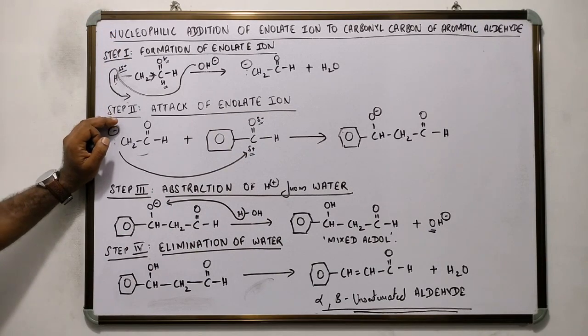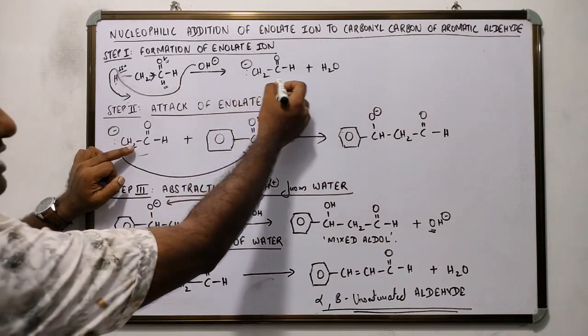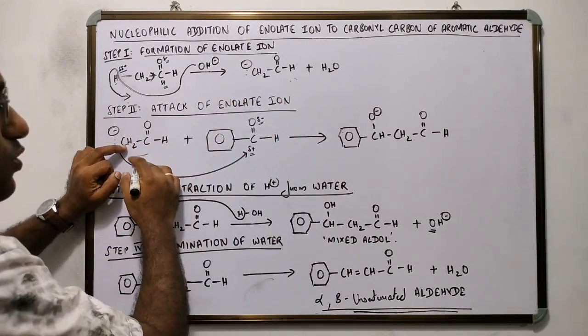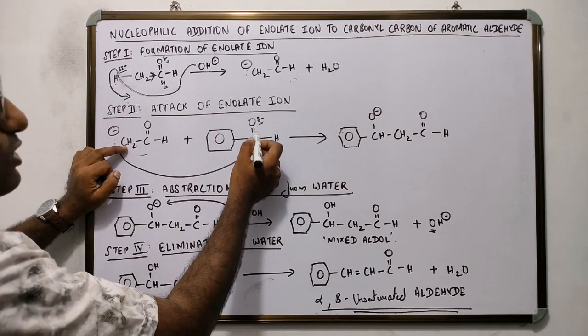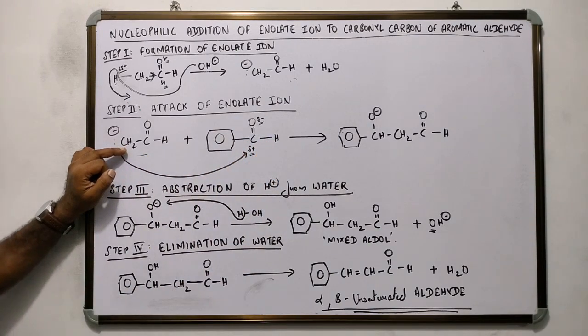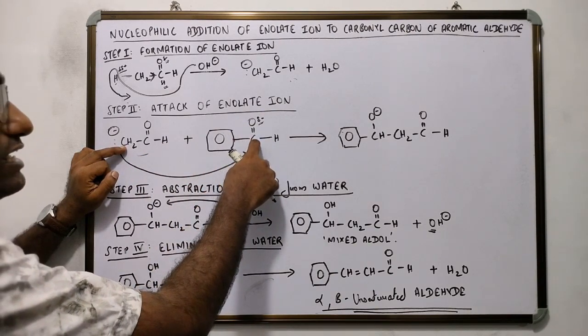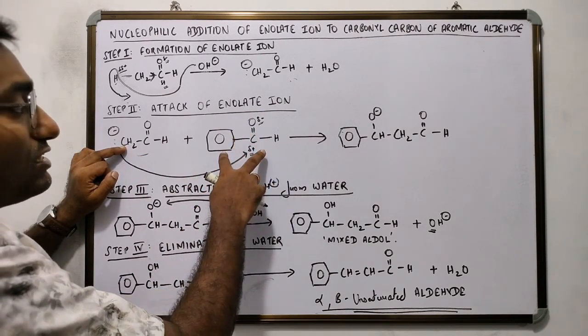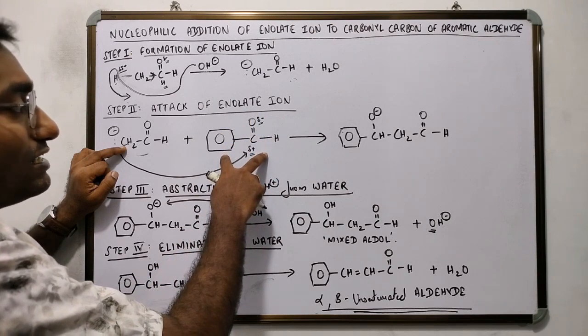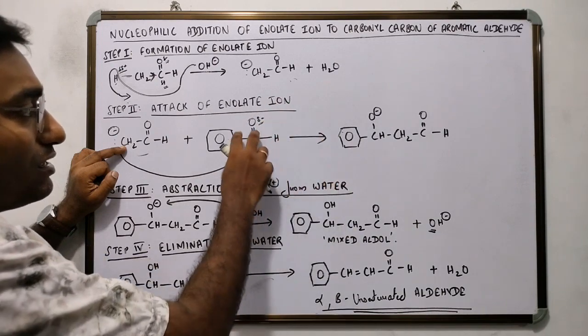Step number 2. Attack of the enolate ion. The enolate ion which is formed now goes and attacks the carbonyl carbon of the aromatic aldehyde. To know why it attacks the carbonyl carbon of the aromatic aldehyde, we have to analyze the structure of the aromatic aldehyde. The carbon double bond O here is a polar one.